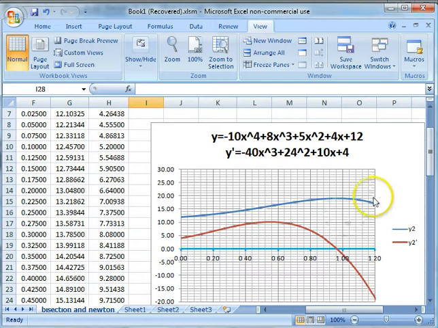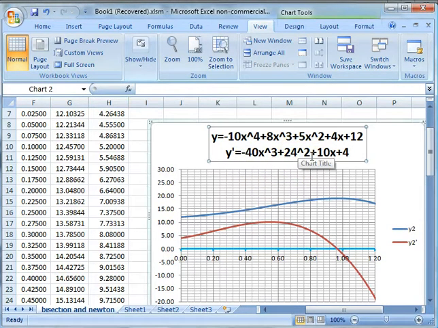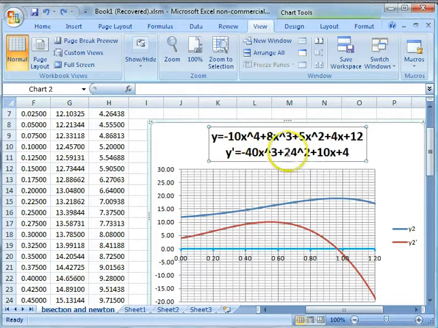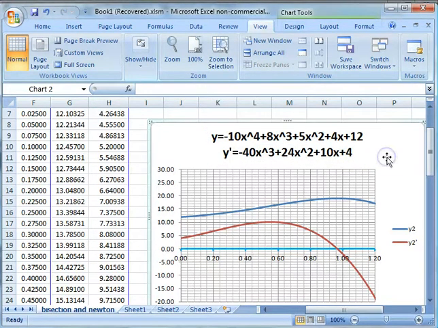Here we have the more complex situation. We are also interested in finding where the maximum is for y equals this long expression, and we can compute the derivative of y as y prime, and we would obtain negative 40x cubed plus 24x squared, here I have another typo, plus 10x plus 4.